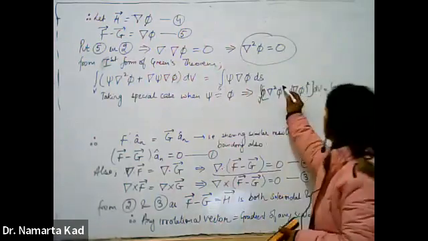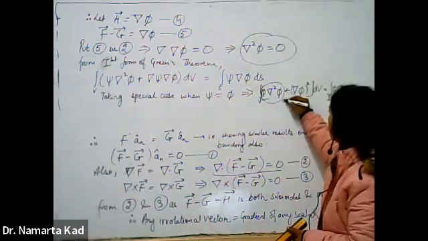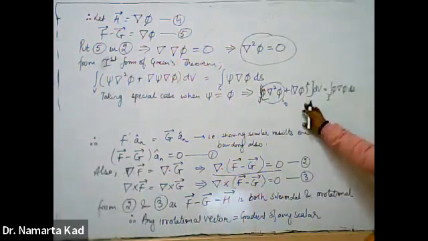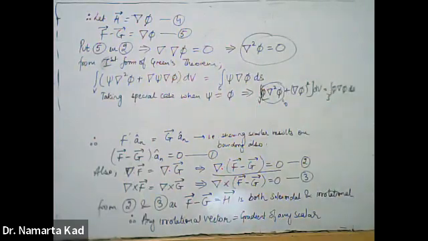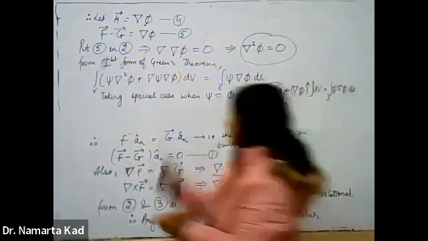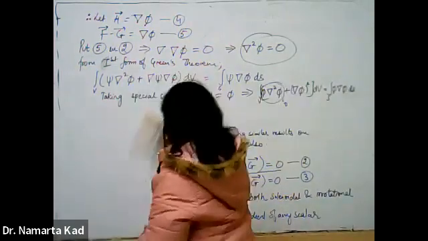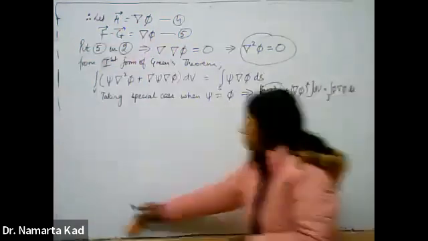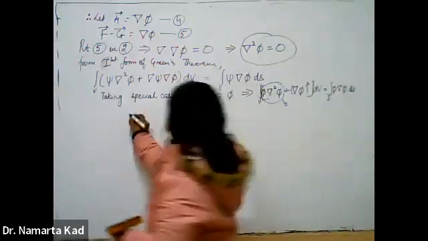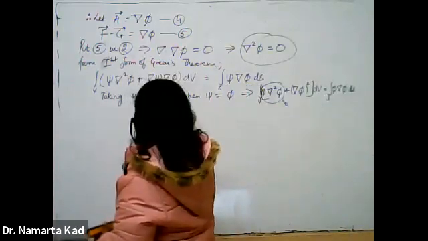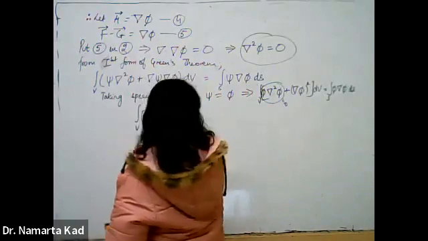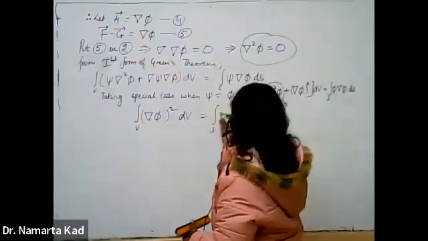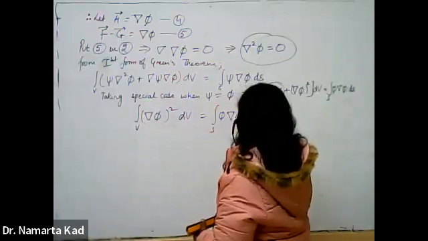So this component is equal to 0, and we are left with the volume integral of del phi whole square dv, which is equal to the surface integral of phi del phi ds.